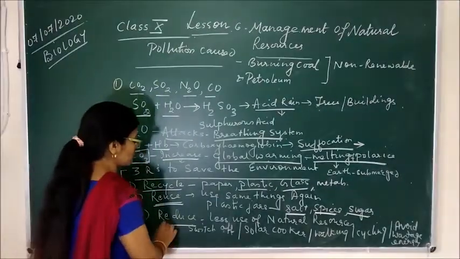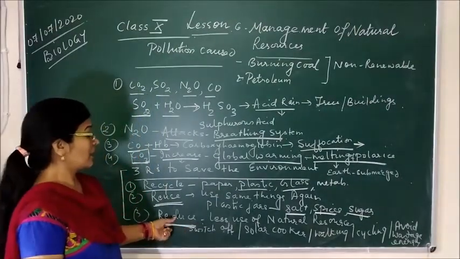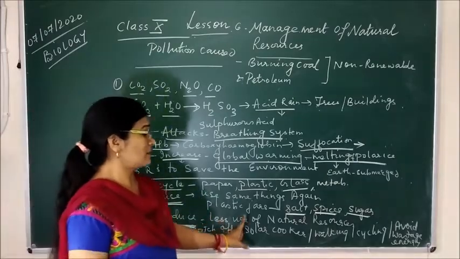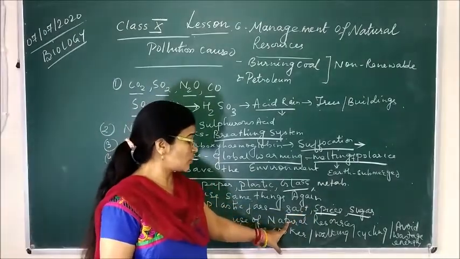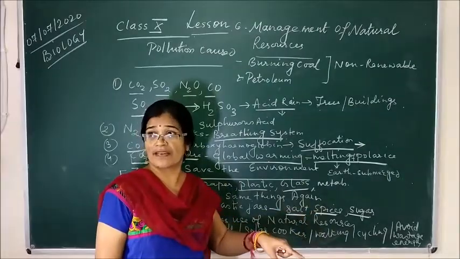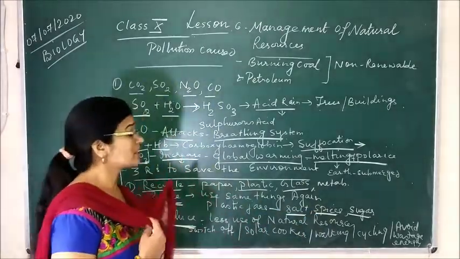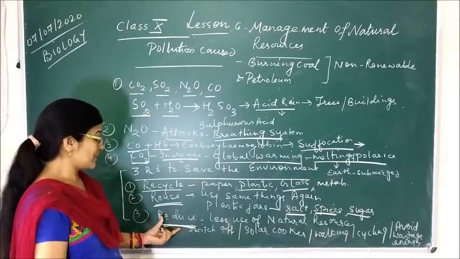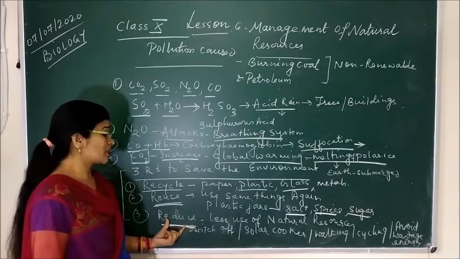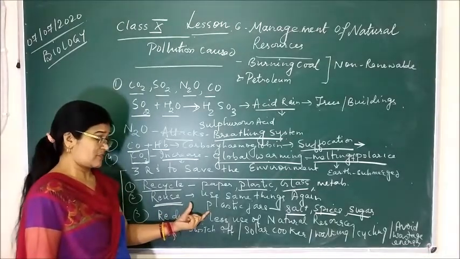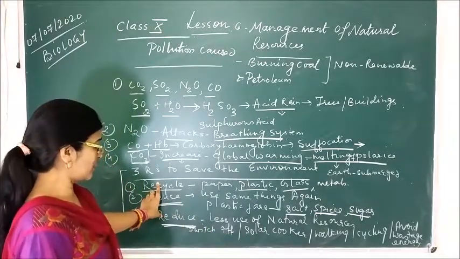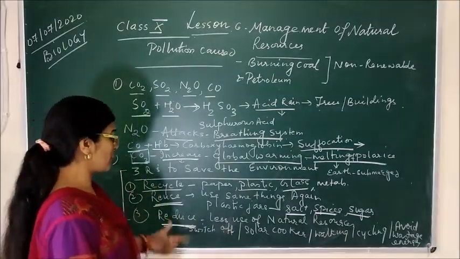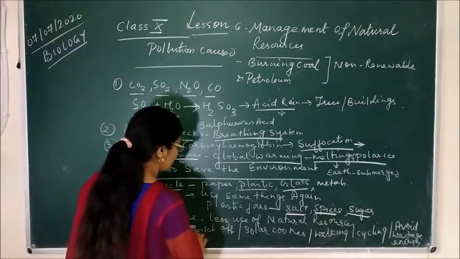Third one is reduce. Reduce means we can use fewer natural resources. As in the previous class I have already told you, not wasting electricity means we are reducing the wastage of electricity or other forms of energy. So how can we avoid the wastage of energy?